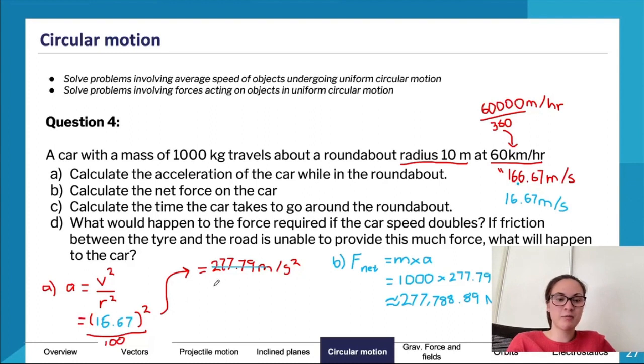So that's actually going to be 2.77, but it's actually going to be 2.78 by the time we round, meters per second squared. I'll change the thing over here. And then our answer's going to change down here as well.